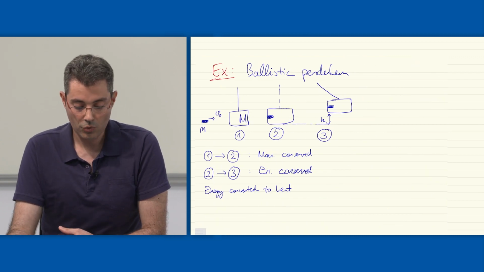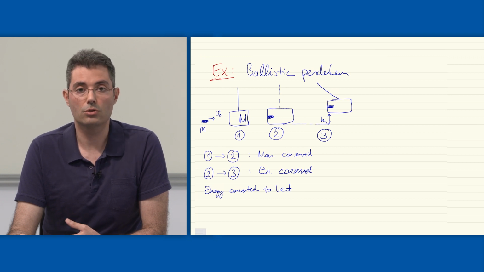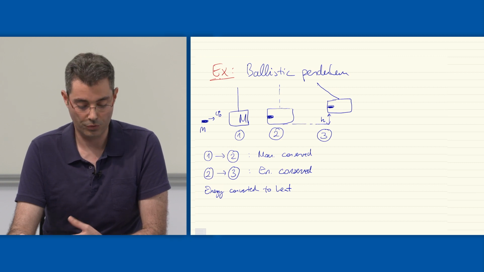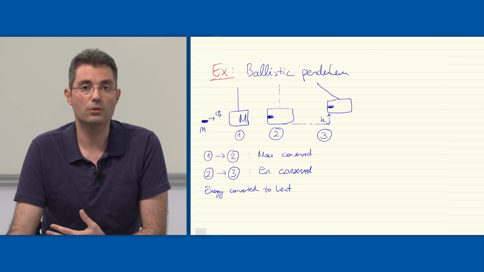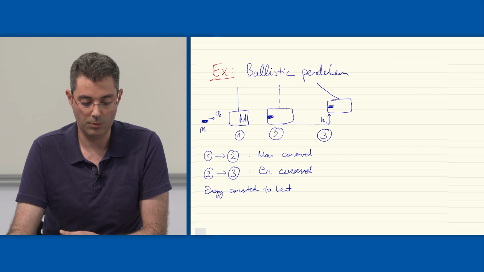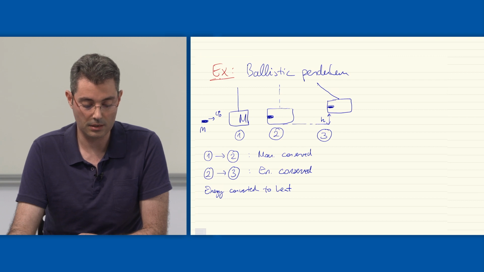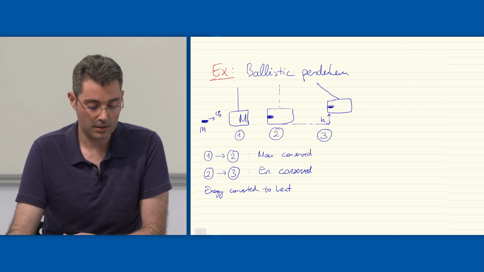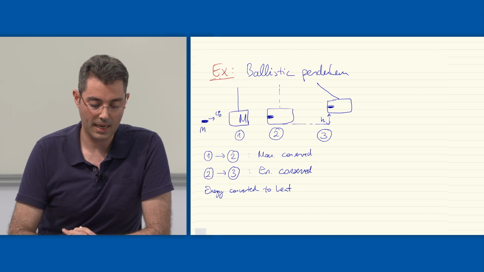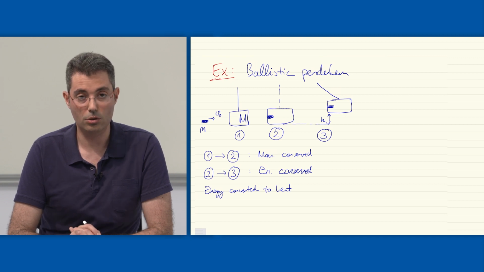So let's move on to a slightly more involved problem, where we use conservation of momentum combined with conservation of energy to solve a more sophisticated problem. Let's imagine you wanted to find the initial velocity of the bullet that came from the rifle. A setup that can do this is the so-called ballistic pendulum, where you have a big mass M hanging somewhere and you fire your bullet in such a way that it hits this ballistic pendulum horizontally.